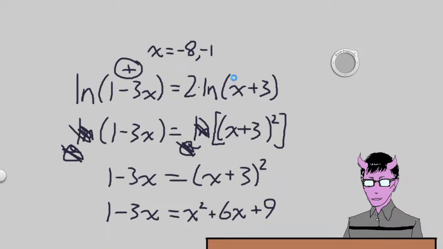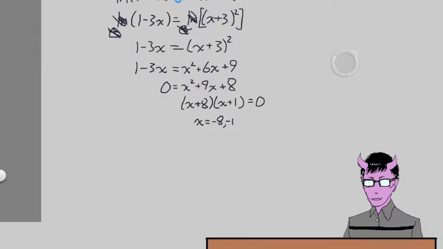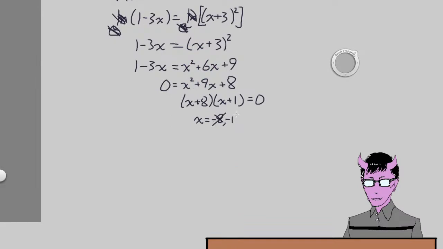But if you put -8 in here, it becomes an argument that's overall negative, and that one we cannot have. That situation breaks our log functions. So this is not a valid answer. That will be an extraneous solution. So -1, plug it in. Yep, it changes to positive. That's fine. Plug it in there. It's also positive. So -1 is the only valid solution. So no -8. Sorry. Only this one.